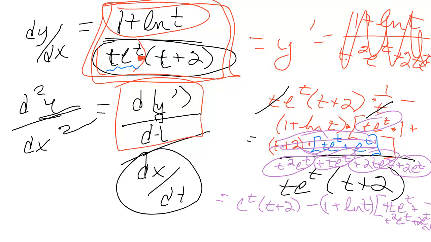So I got all that, and then all over the denominator, which is t e to the t times t plus 2. Right? Yep. All right.